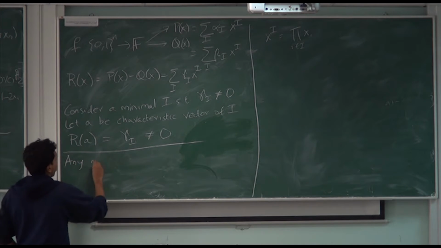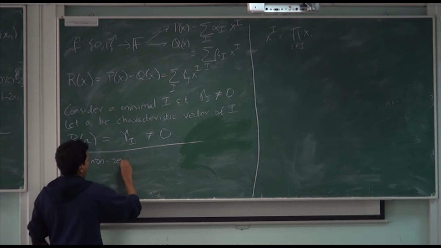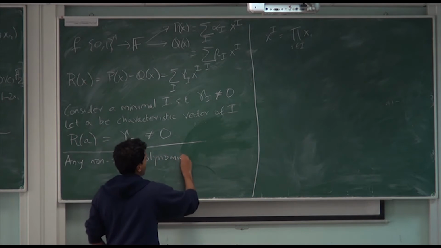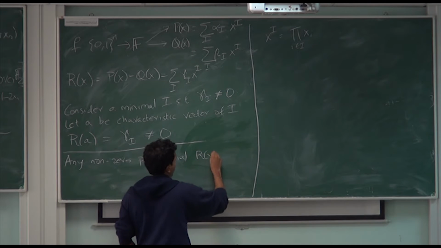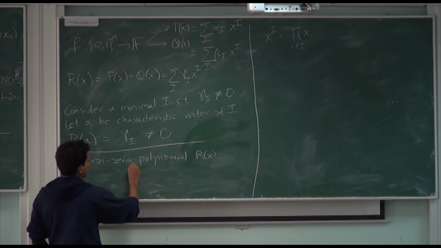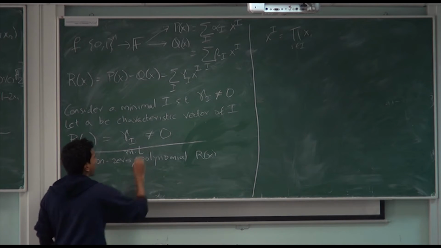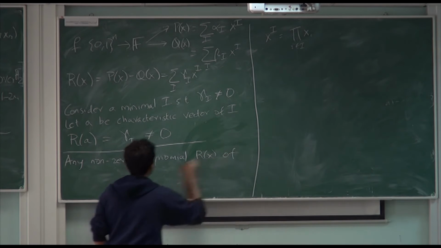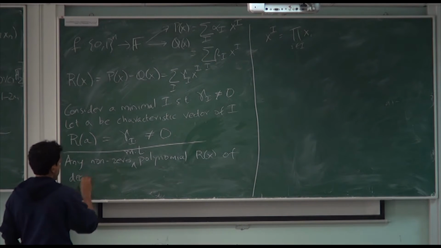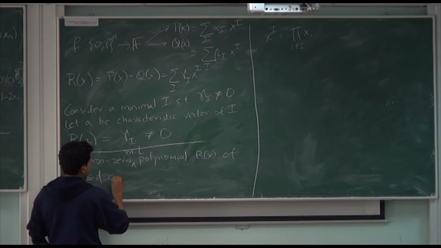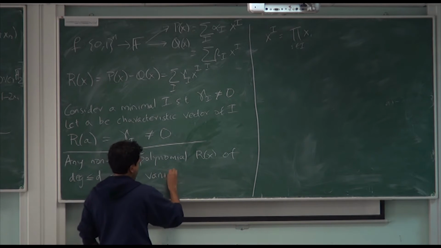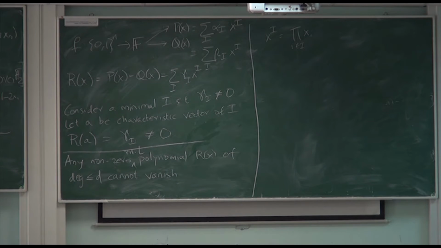Any non-zero polynomial, let me say R of x, I should say multilinear here, so let me just add it, multilinear, of degree at most d, yeah, cannot vanish, right, cannot vanish.